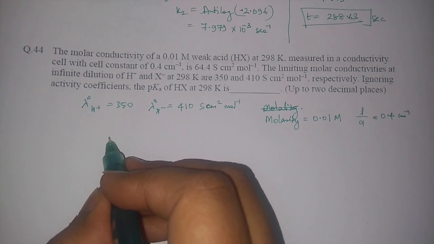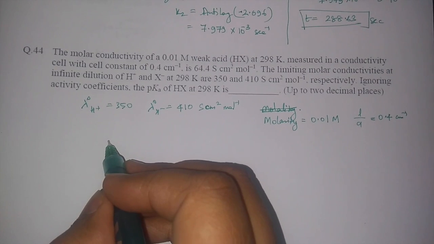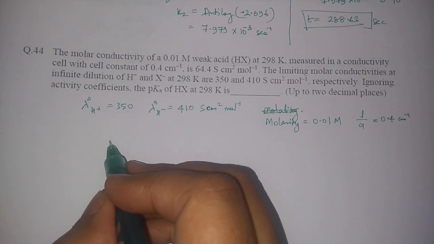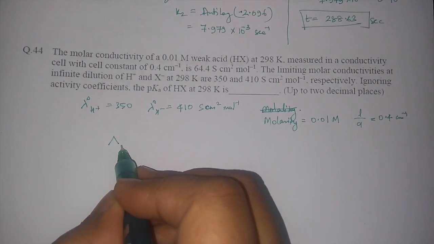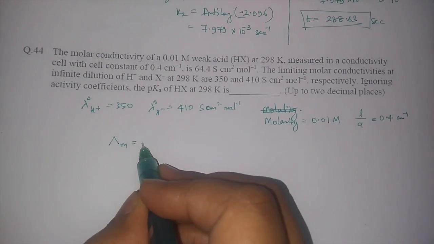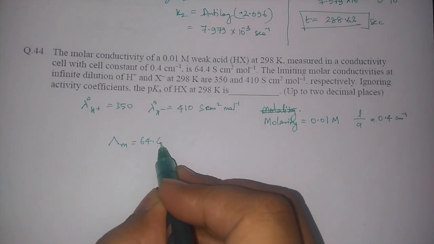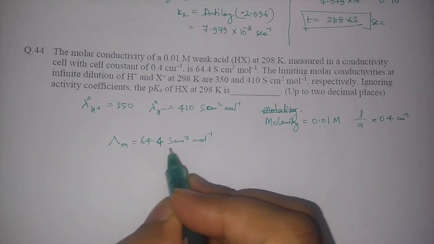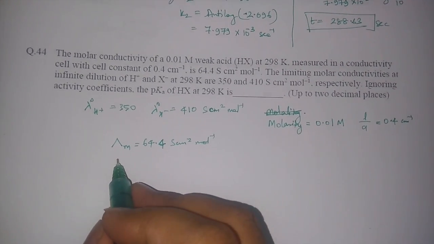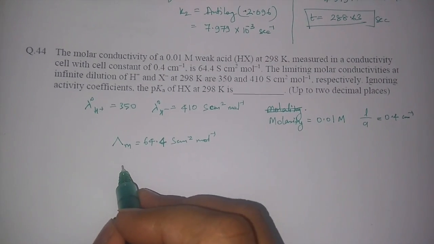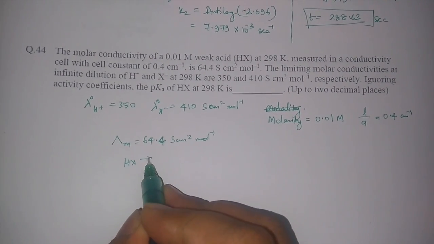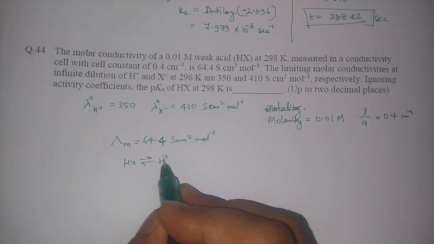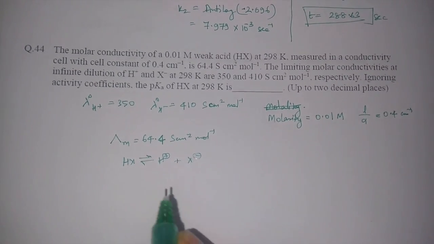Now what are the other things given to you? The molar conductivity, that is lambda m, is 64.4 Siemens centimeter square per mole. So this is also given to you. Now since it's a weak acid, your HX will basically break into H plus and X minus, right?